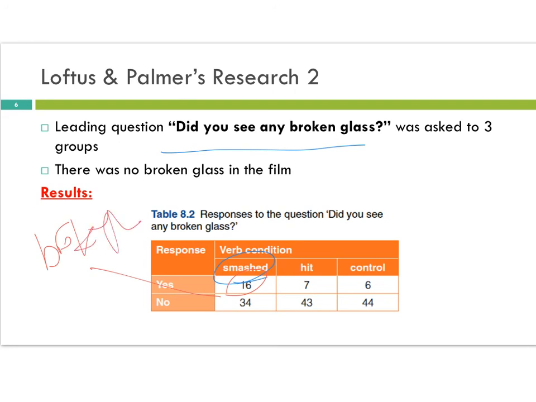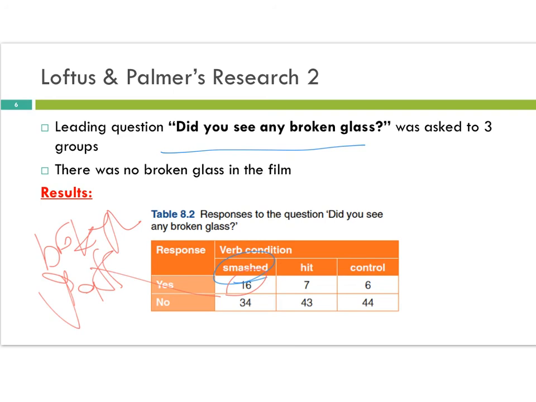Again, that's because of the leading question. They had integrated new information from the leading question, that the cars were going at a great speed when they crashed into each other. So when they reconstructed that memory again, they assumed that there would be broken glass, because obviously if you've got two cars smashing into each other, there's going to be broken glass.